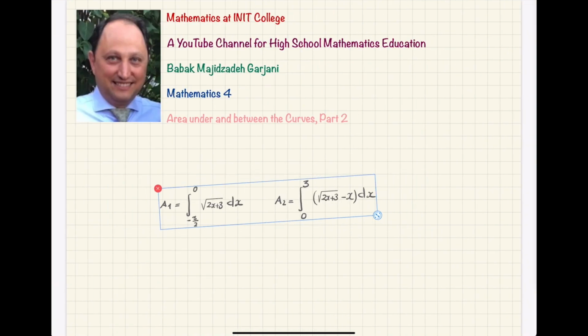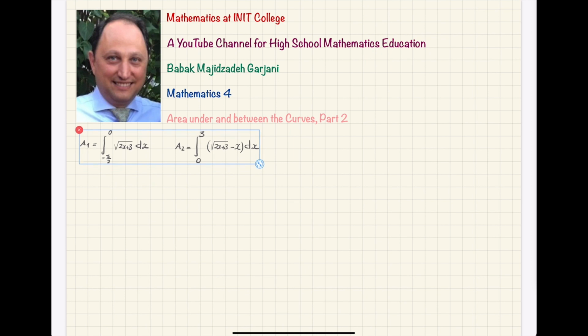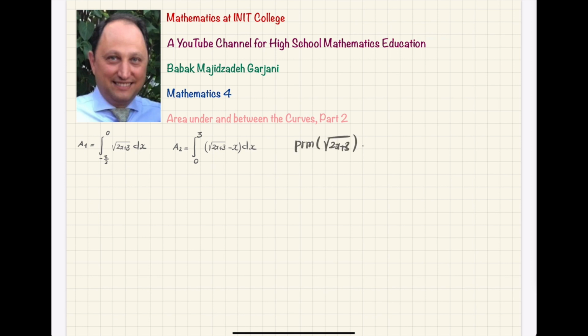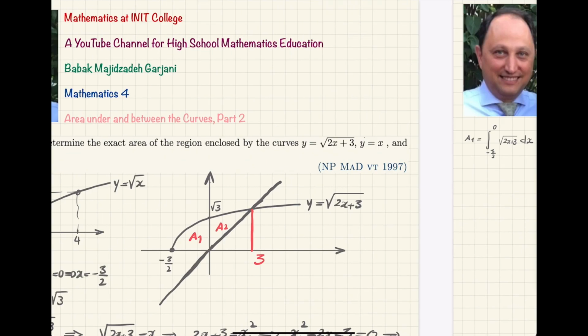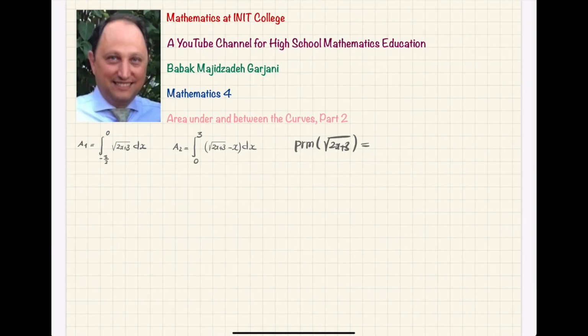Okay, let me make them smaller to save some space. So these are the integrals that I have to calculate. And we also learned that the primitive function for the square root of 2x plus 3 is equal to 1/3 of (2x plus 3) to the power 3 over 2. So is that understandable?